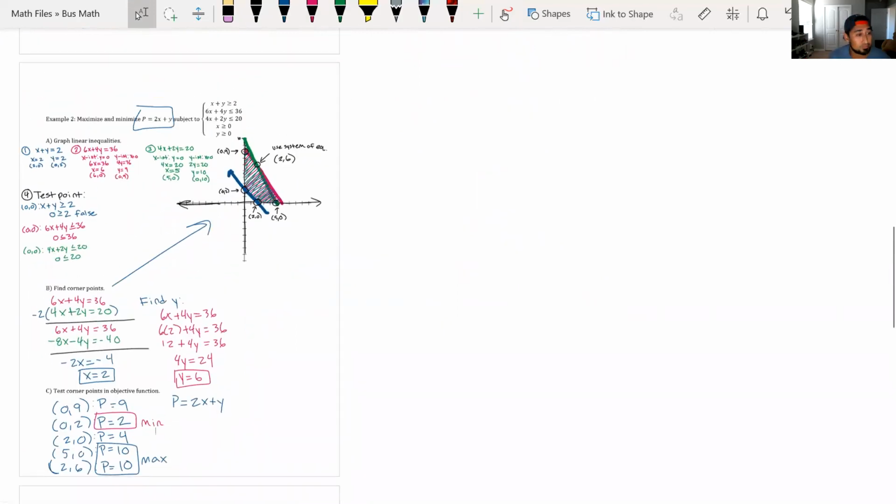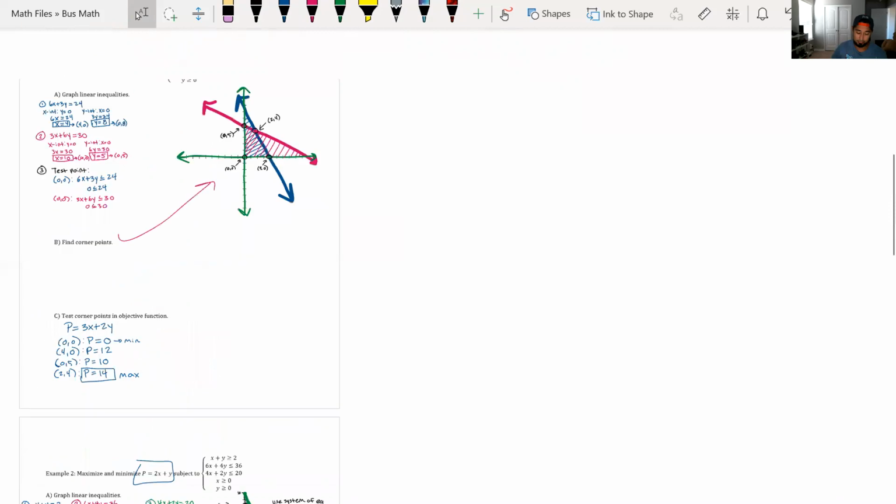And that is it. So, same exact process. Graph the inequalities, shade them by test points, and then now we find corner points and we plug them into the objective function.